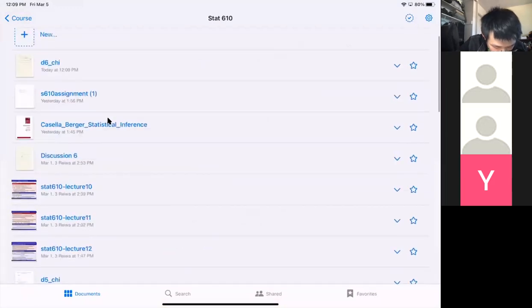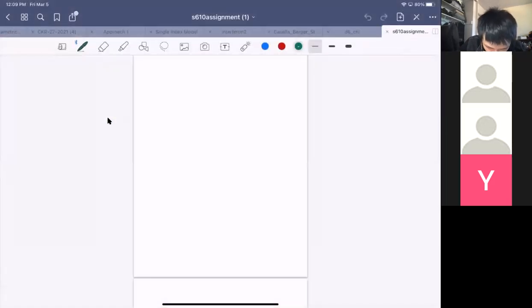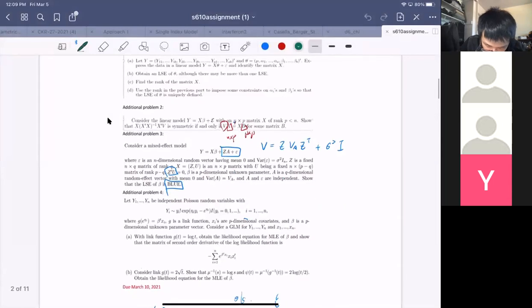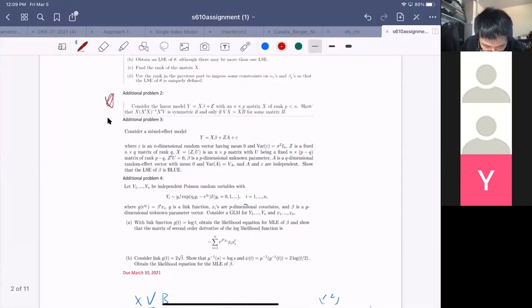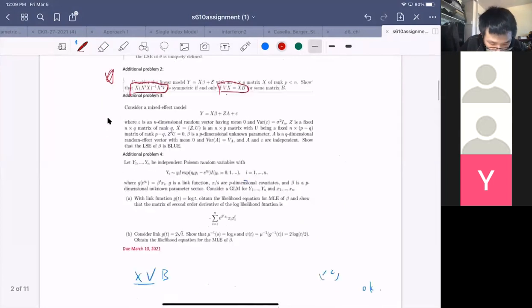For the next few minutes, let's talk about this question. We want to show that this is symmetric if and only if this holds.